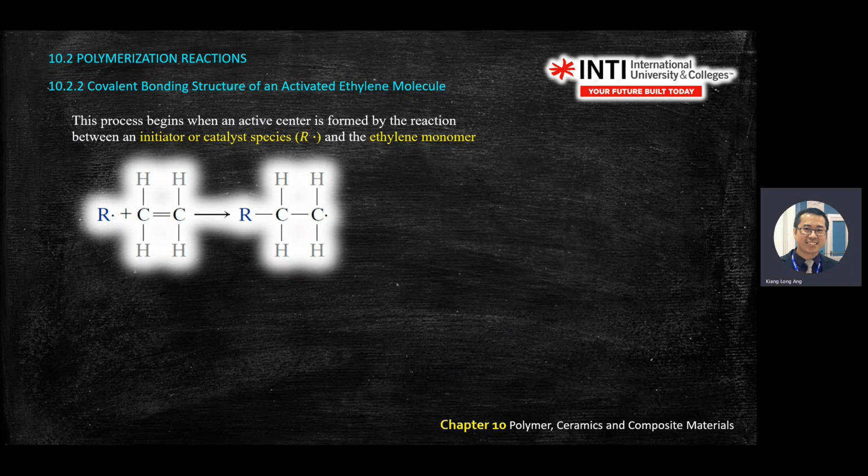So if you add in catalyst to the hydrocarbon, in this case, double bond hydrocarbon, or if you look at the structure, this is ethylene. So if you add ethylene and initiator or catalyst species, this one will open up and share one electron with the initiator. So the double bond will open up to become single bond.